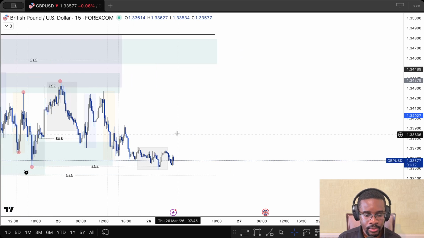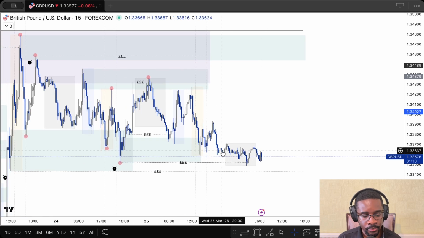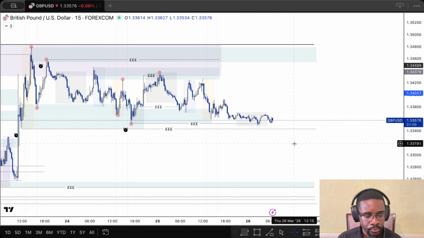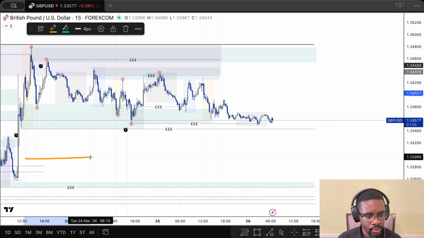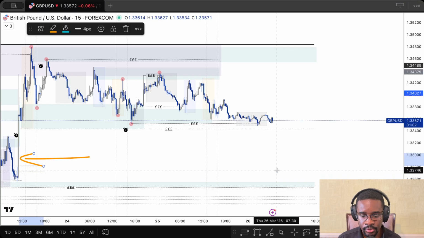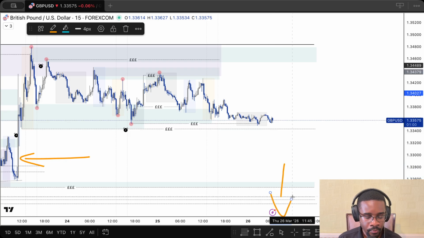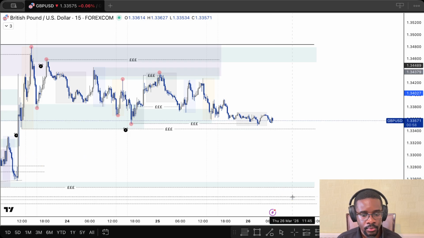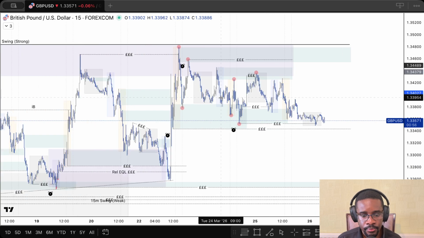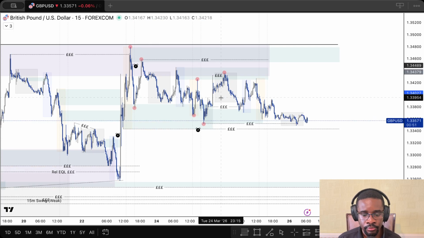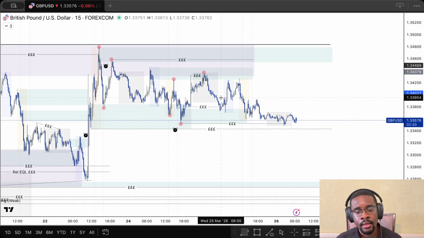So price is trickling, coming down, coming down, coming down. We do have a range, we do have a level of imbalance, we do have liquidity to target down here. So at the top, we don't have anything to target really.